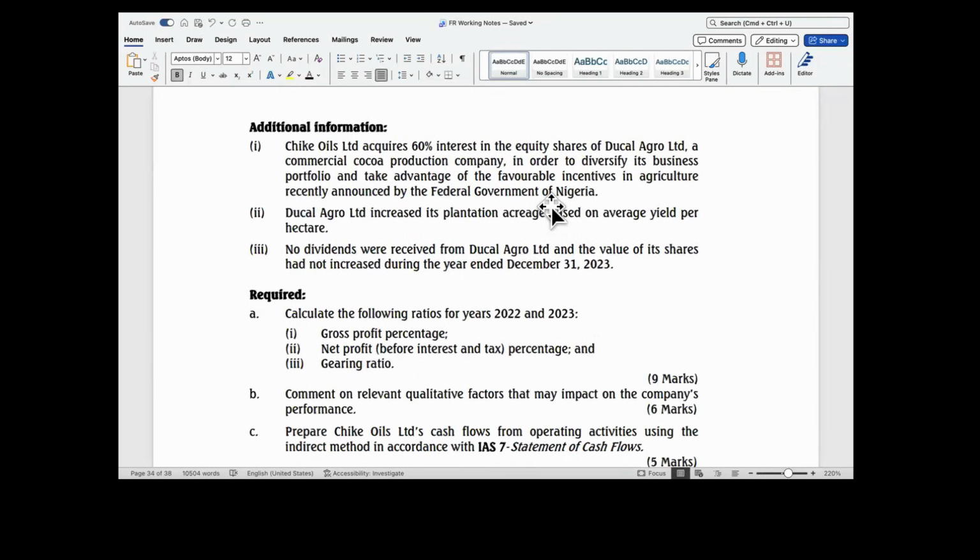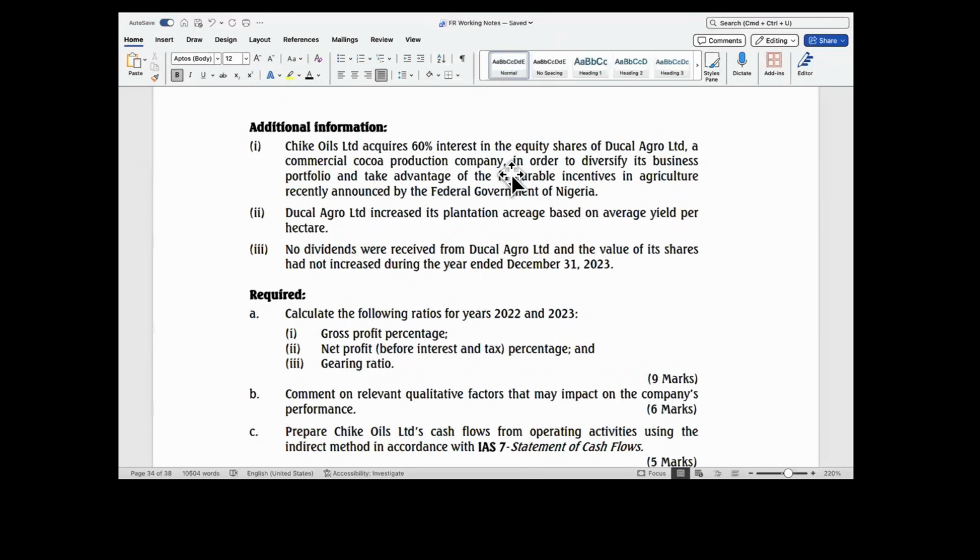Additional information 1. Chike Oils Limited acquired 60% interest in the equity share of Ducal Agro Limited, a commercial cocoa production company, in order to diversify its business portfolio and take advantage of the favorable incentive in agriculture recently announced by the federal government of Nigeria.